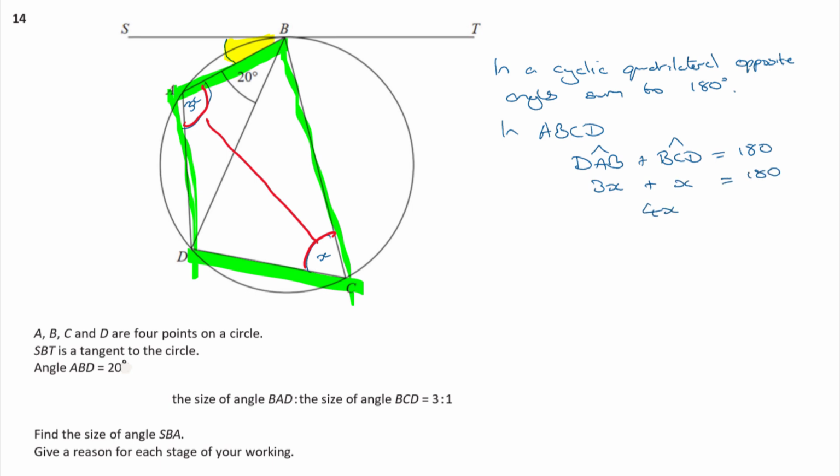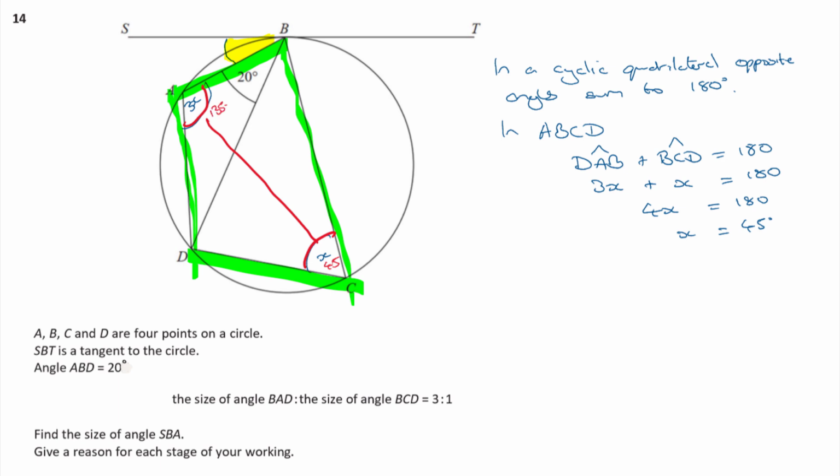In other words, 4x is 180. So x then is going to be 180 divided by 4. That's 45 degrees. Okay, so once I got that, now I know that this one down here is 45, and this one over here is 3 lots of 45, which is, what's that, 135.